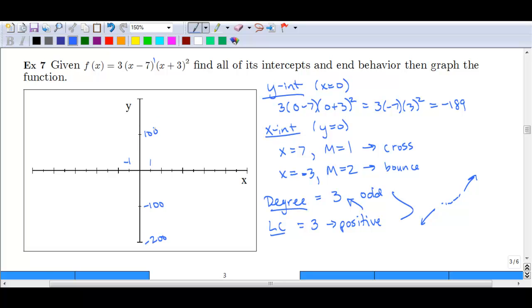Same thing, going up this way. Again, the x and y don't have to be the same increments, but everything on the x-axis has to be the same increments. Everything on the y-axis has to be the same increments. So our y-intercept was negative 189, so we'll put that somewhere pretty close to negative 200.